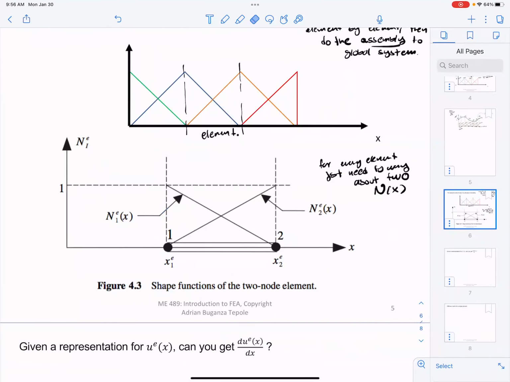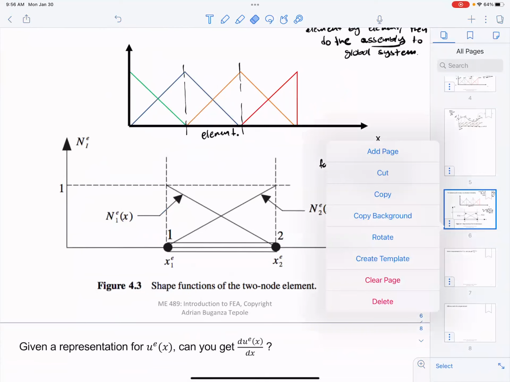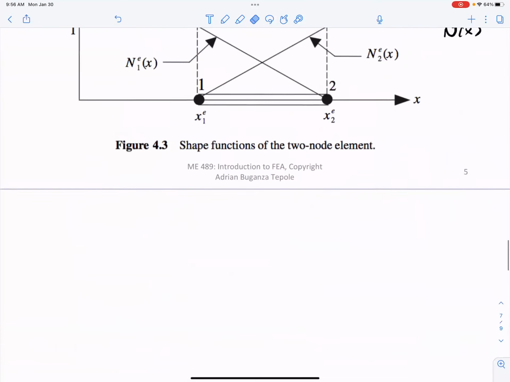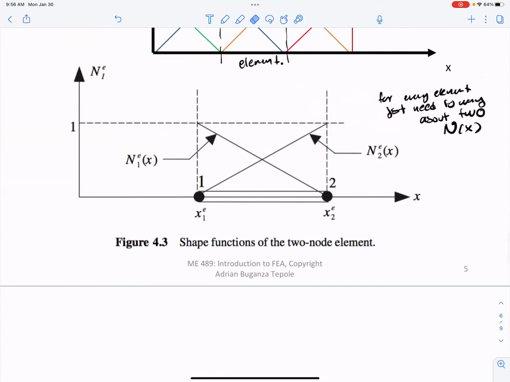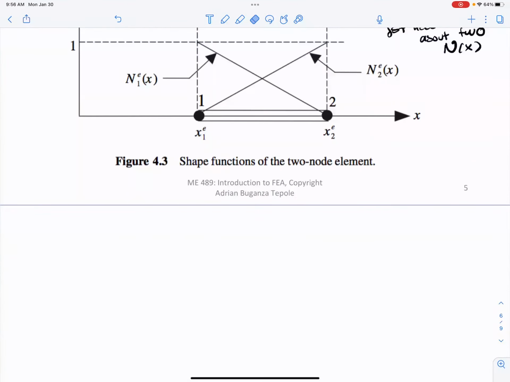So let's go ahead and define them. Let's say I'm given some random element. Again, let's say that we have X, and then some random element that starts from X1 of element E, which is 2, to X2 of element E, which is 4, for example.